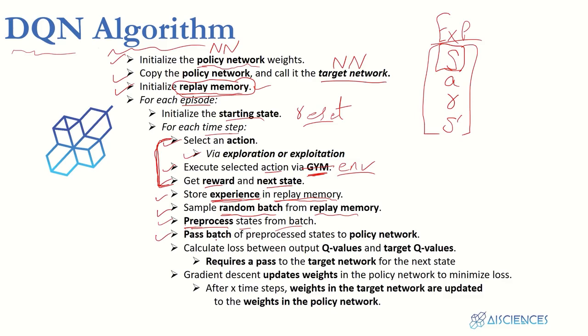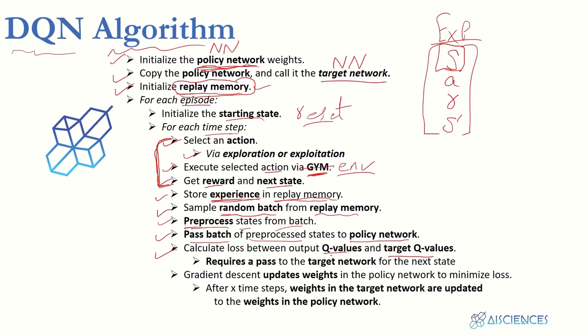Then we pass that pre-processed batch to the policy network. Remember this policy network that we talked about in the beginning? It's just a neural network. So we pass that pre-processed batch to the policy network, and then we calculate the loss between Q values and target Q values. Now this is another tricky thing.